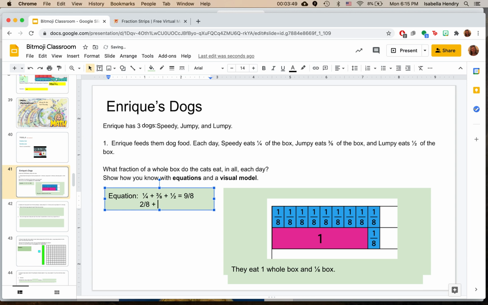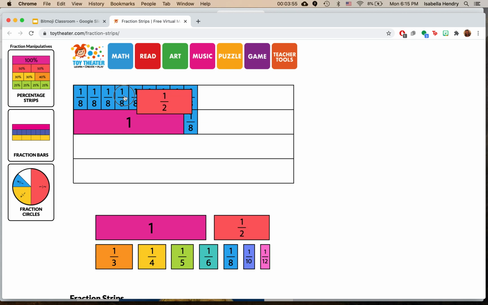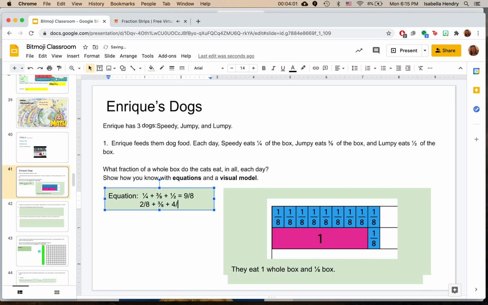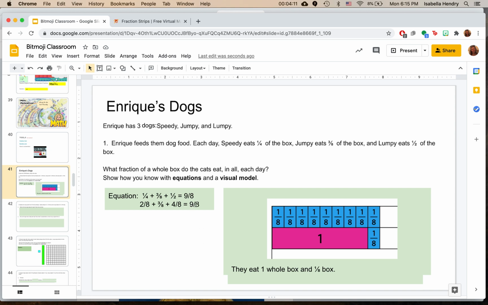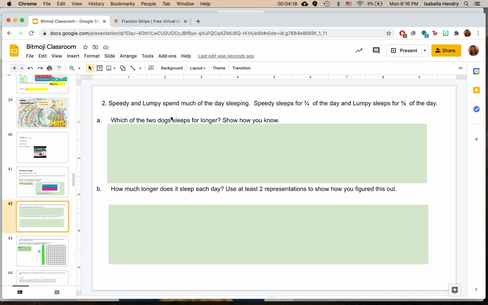And then 3/8 stayed the same. And then 1/2 was 4/8. So you can see I have my equations, I have my visual, and I have my answer in a full sentence. Let's try number 2.